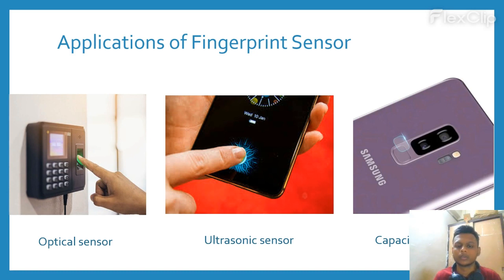You have also seen in mobile phones there are back or side mounted fingerprint sensors, which are relatively affordable compared to ultrasonic sensors, which come in in-display fingerprint sensor mobile phones, which are a little costly compared to the back and side mounted fingerprint sensors.